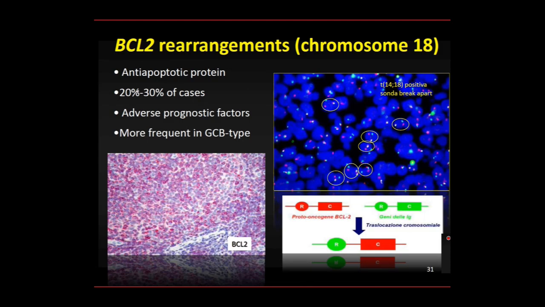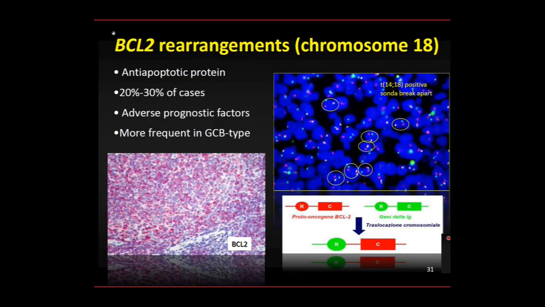This is happening in 20 to 30% of cases, usually germinal center B-type. But be careful, this is translocation of BCL2. So the same event we have found in follicular lymphoma, indeed there are some authors, even good ones, and I'm very far from them, that consider BCL2-translocated diffuse large B-cell lymphoma as a secondary diffuse large B-cell lymphoma in which we couldn't recognize follicular lymphoma first.